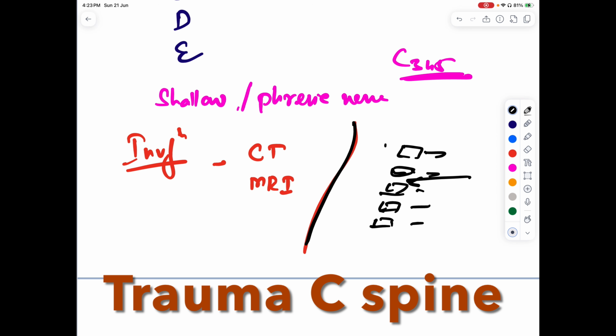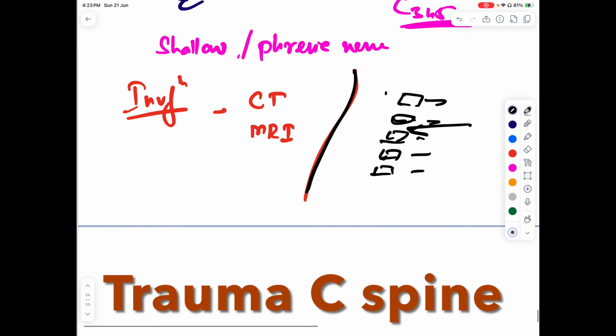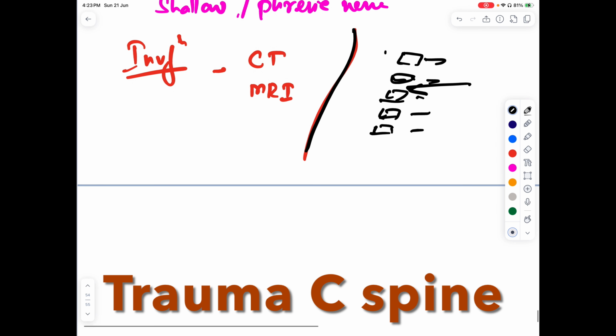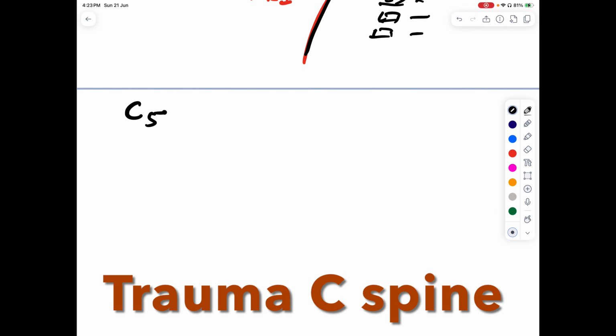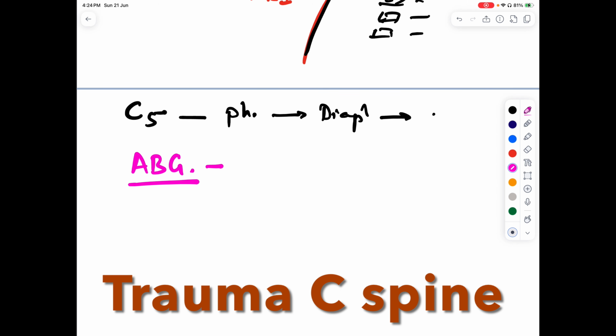If there is an injury at this site, cervical spine 2 or cervical spine 5, what happens? A C5 injury shown on the X-ray is very significant because of the phrenic nerve, C3, 4, 5, and it may lead to diaphragm paralysis, affected breathing and collapse, leading to respiratory acidosis. This can be assessed by arterial blood gas, ABG, analysis.